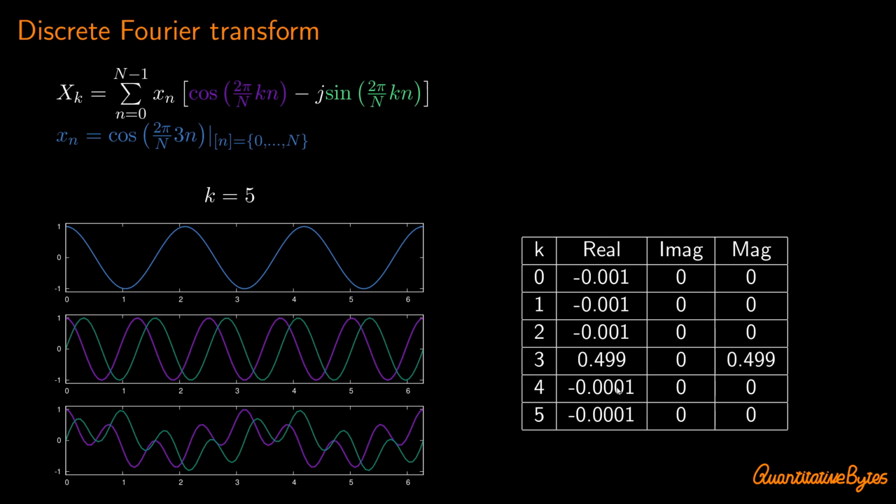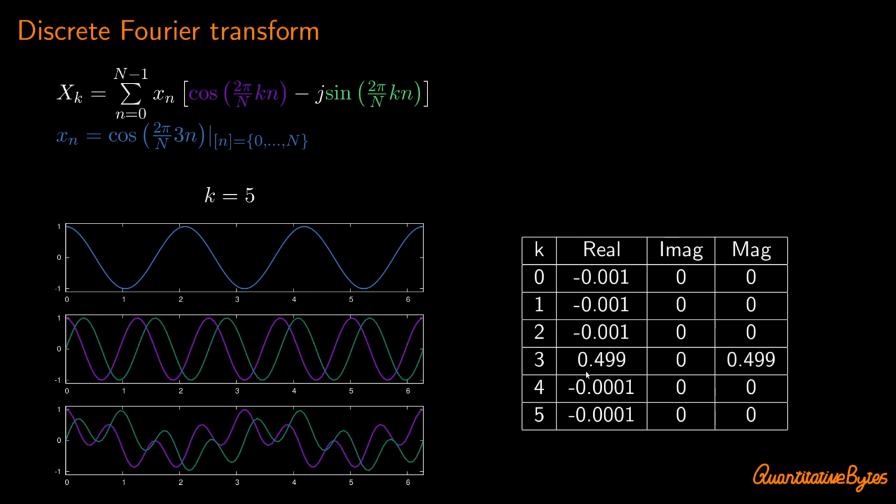And the values were pretty much 0 everywhere else, or at least very close to 0. And in that sense, we're able to see how the discrete Fourier transform is able to identify particular frequency components in the signal. So when the input signal is close to or exactly matches one of these components of terms in the Fourier transform, then we will get a high value, otherwise we get low values.